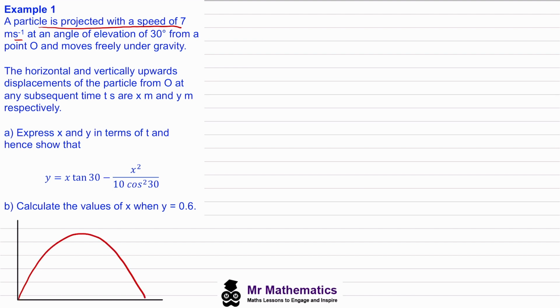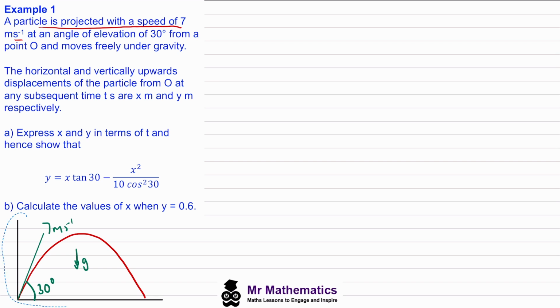And the initial speed will be here, and we'll say this is 7 meters per second. Then we're told it is at an angle of elevation of 30 degrees. So we'll mark this angle here, 30 degrees. And it moves freely under gravity, so we'll include gravity acting vertically downwards.